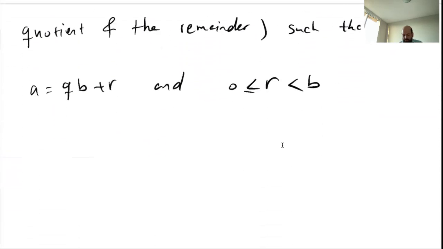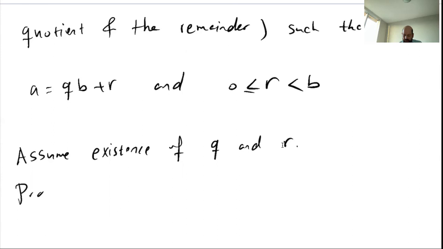So assume existence of Q and R, and prove the uniqueness, because we want to work on uniqueness here.